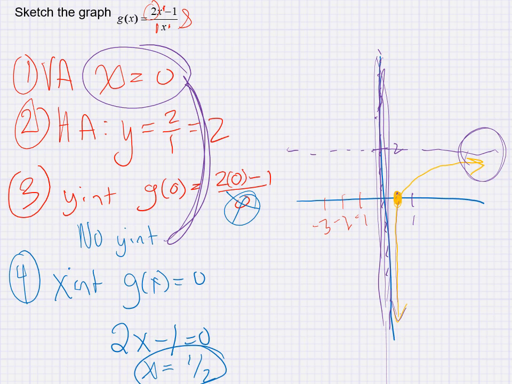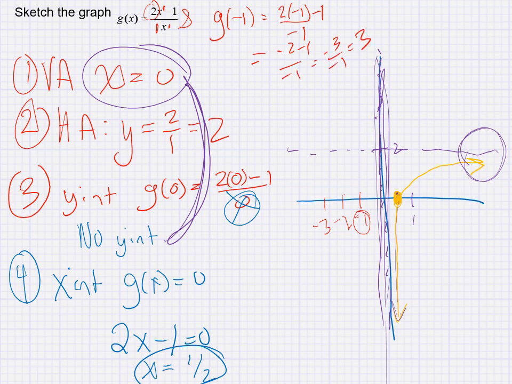Let's go with -1. So if I find g of -1, that would be 2 times -1 minus 1 over -1. And what does that give me? It gives me -2 minus 1 over -1, which gives me -3 over -1, or 3.